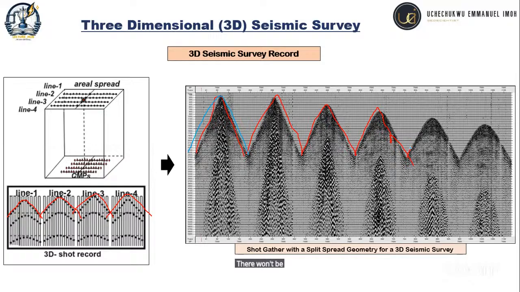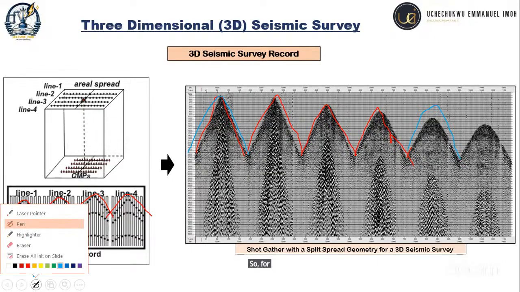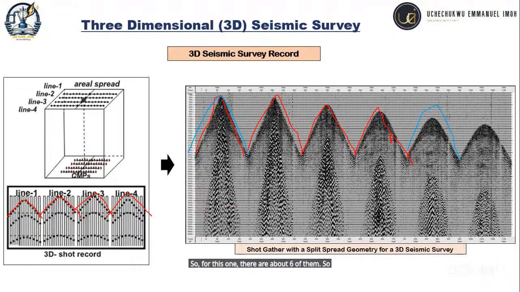And the number of these mound shape structures will give you the number of receiver lines that were used for the acquisition. So for this one, there are about 6 of them. That means there were 6 receiver lines for the acquisition where this data came from. If you have 10 receiver lines, you have these mound shapes in 10 places, each of them representing a receiver line.